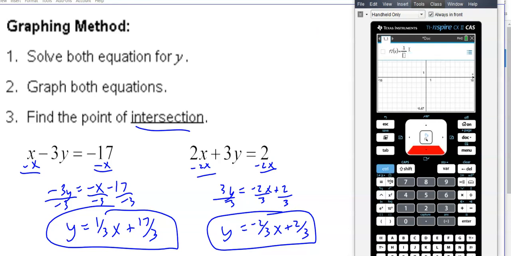So 1/3 x plus control divide 17/3. Press enter, hit tab to graph the next line. So negative 2/3 x plus control divide 2/3. Okay, so you can see where those two lines cross, and we're going to find the ordered pair of those two lines.